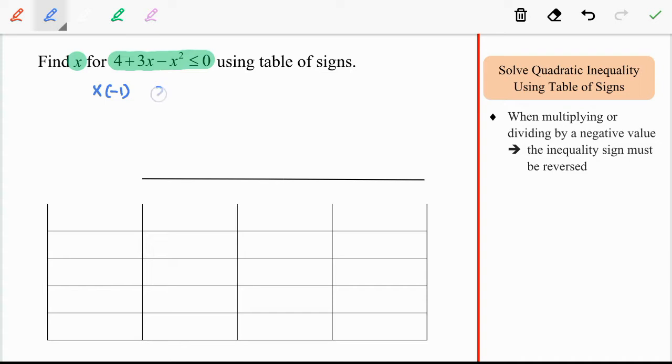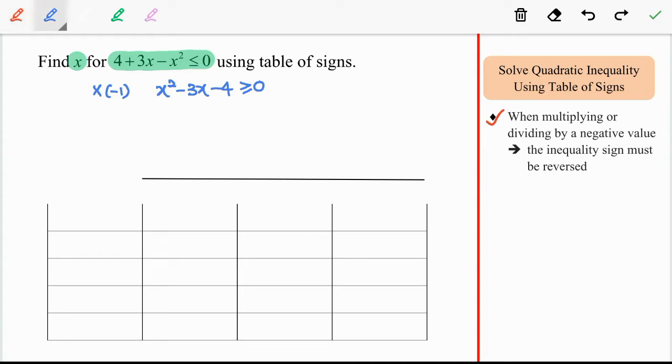So we get x squared minus 3x minus 4 greater than or equal to 0. Please remember that when we multiply or divide by a negative value, the inequality sign must be reversed.